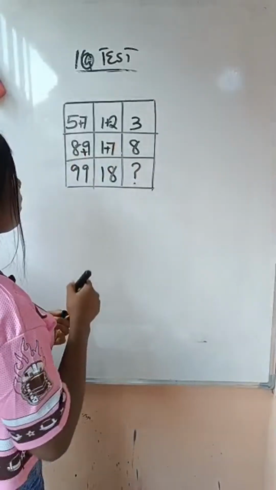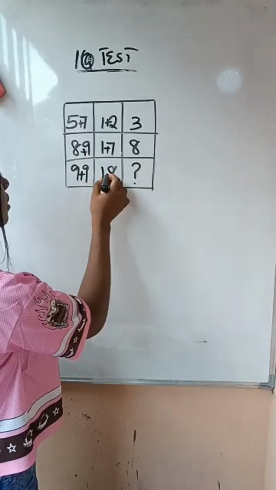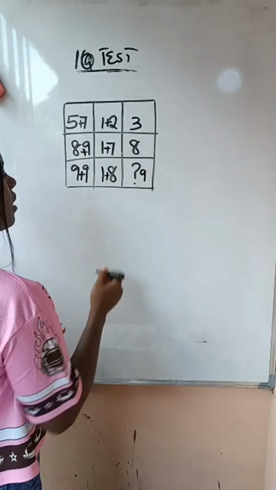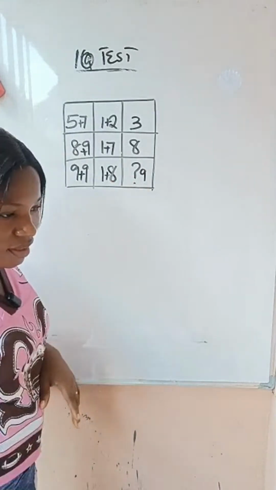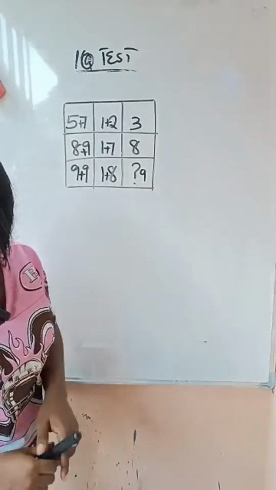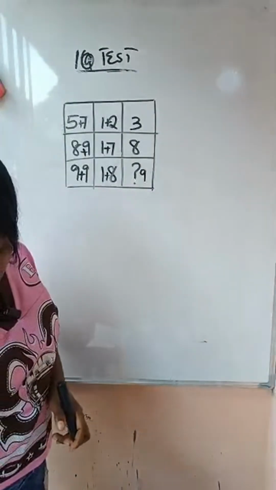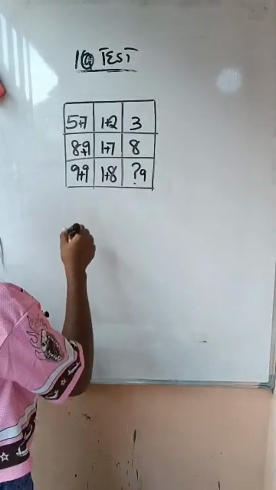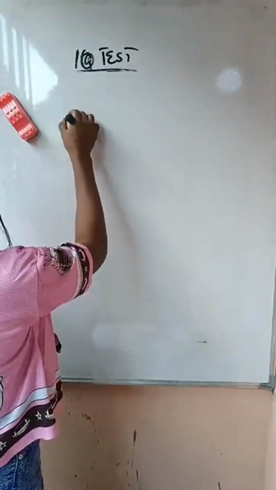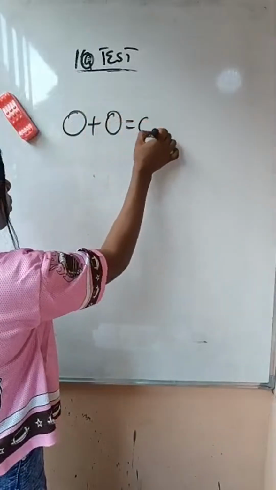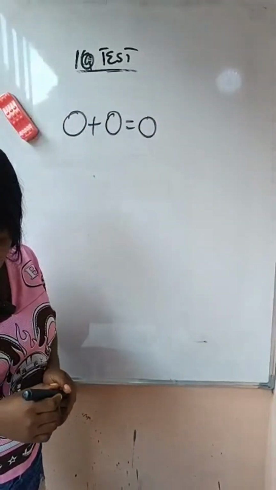Now 9 plus 9 is 18 and 1 plus 8 is 9, and that is the answer. It's 9.